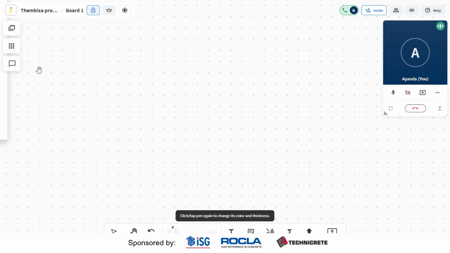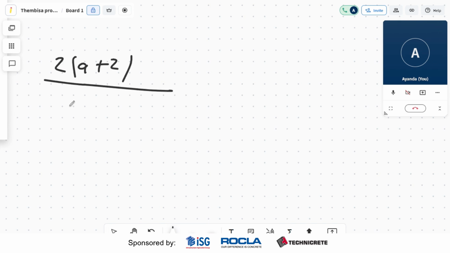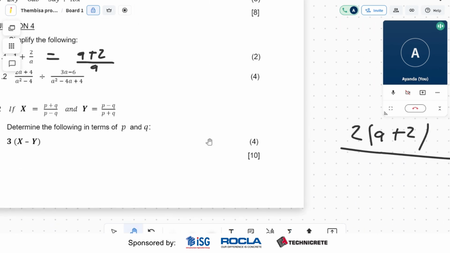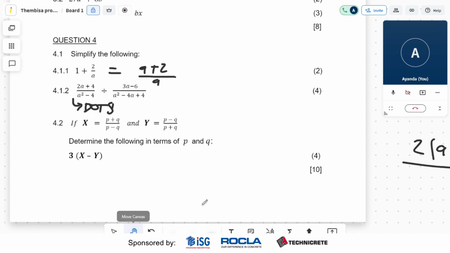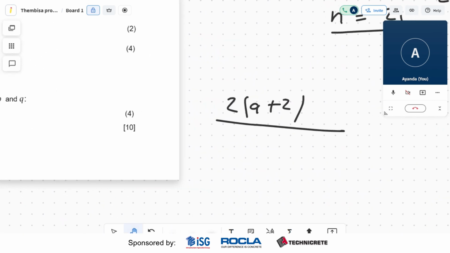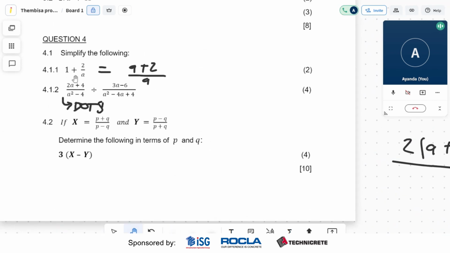So we'll be left with 2 times (a + 2) over, if we go back to a² − 4, we know this is the difference of 2 squares. And we can factor out 2 as a common factor here.